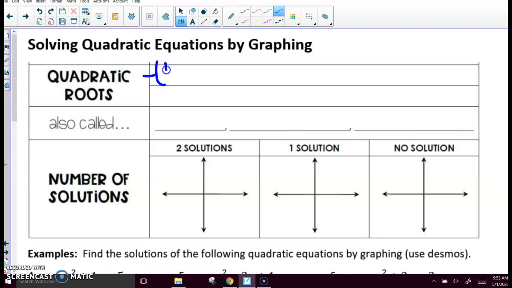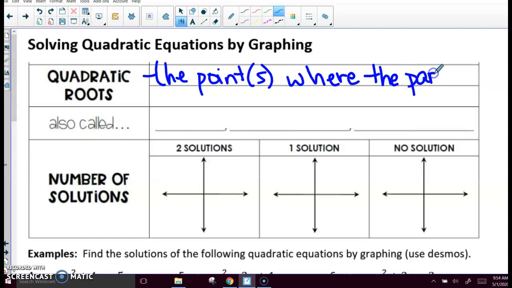We're going to say the point or points, there could be more than one, where the parabola (our quadratics are always parabolas) intersects the x-axis.